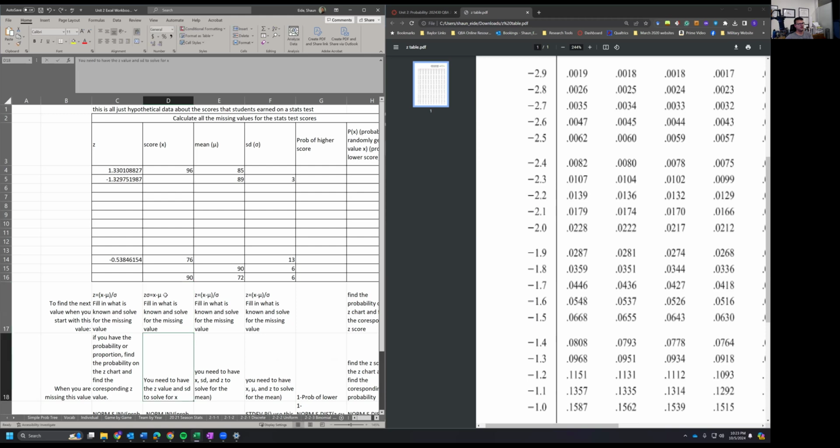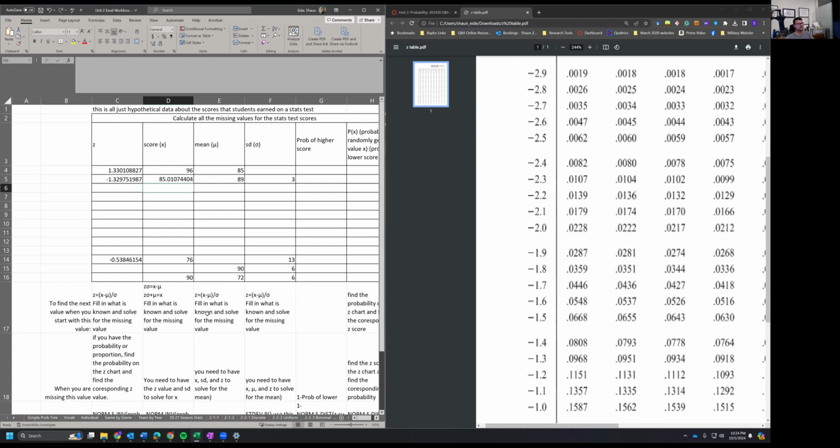Then add the mean to both sides, which gives you x equals z multiplied by the standard deviation plus the mean. So we do equals the z-score multiplied by the standard deviation plus the mean, and that gives us the score of 85.01. So now we have x, just by rearranging this formula a little bit.